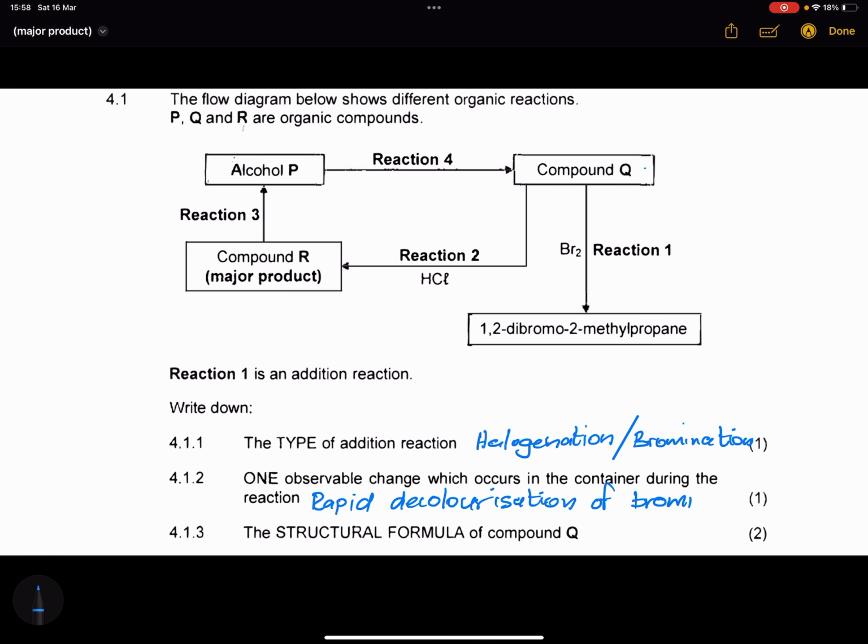So bromine water is usually brown in color, and so when it reacts with an alkene, it rapidly decolorizes, as opposed to when it's reacting with a saturated hydrocarbon, which is an alkane. It would only decolorize slowly once we put it in the presence of UV light. We would need an external source of energy.